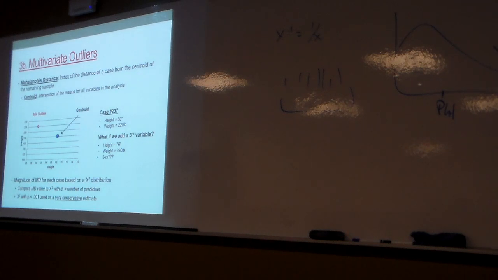Mahalanobis distances that exceed the chi-square critical value at p less than 0.001 are flagged. Tabachnick and Fidell identified this as a very conservative estimate for what constitutes a multivariate outlier. We're keeping the range pretty tight on this, but it's a basis that you can use to take a look at this.